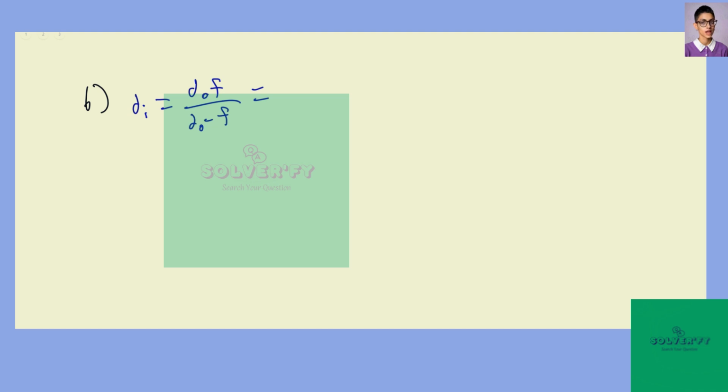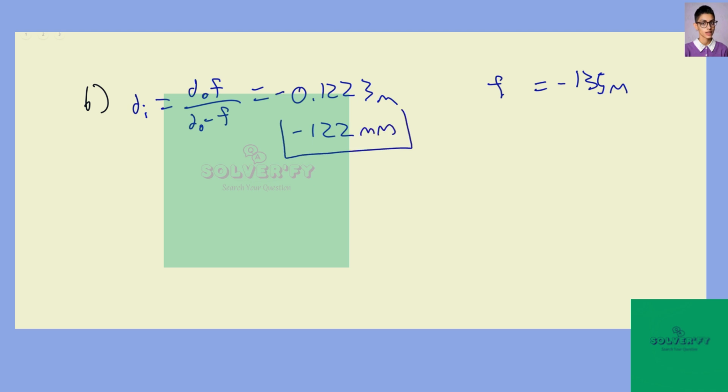You plug in for the new focal length, which is minus 135 millimeters, which is a good sign that this is going to be a virtual image, but let's not get ahead of ourselves. And the distance is minus 0.1223 meters, or minus 122 millimeters.